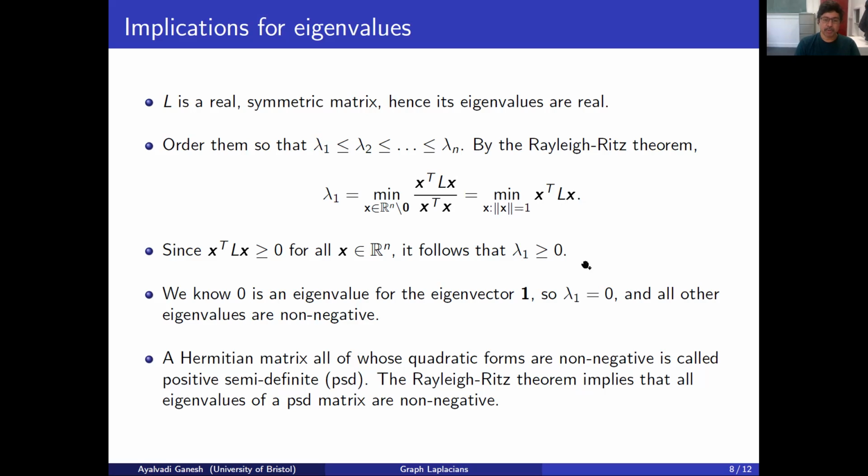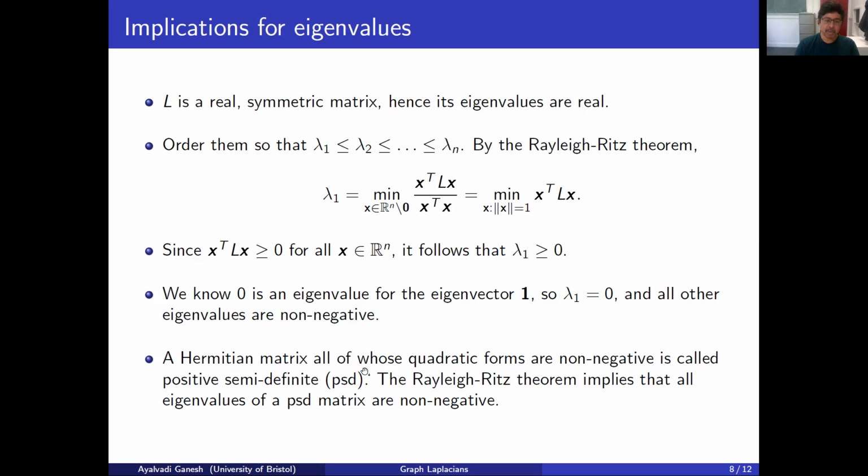Okay, so we have proved in particular that the Laplacian matrix is positive semi-definite. Can we say more? Is it positive definite, meaning is this quadratic form strictly positive for all non-zero x, for all x such that norm x equals 1?